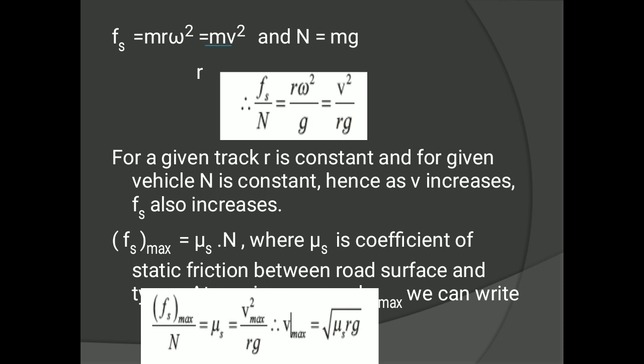So the maximum force of static friction is given as mu s into N, where mu s is the coefficient of static friction between the road surface and the tires of the vehicle. So we can write that Fs maximum upon N is equal to mu s is equal to v square maximum upon rg, or v maximum is equal to under root mu s rg. This is the maximum speed with which a vehicle can be safely driven along the horizontal curved road.